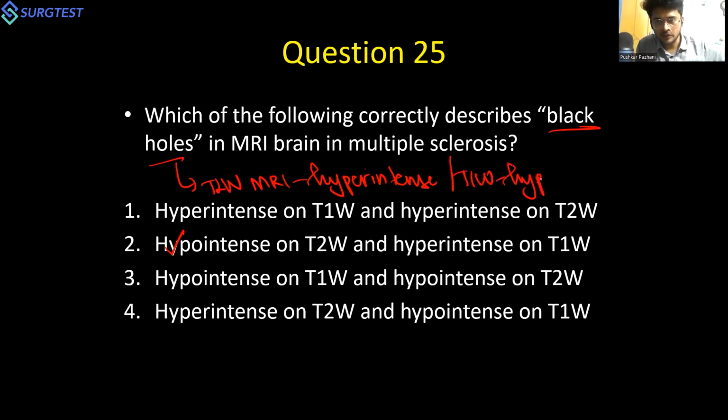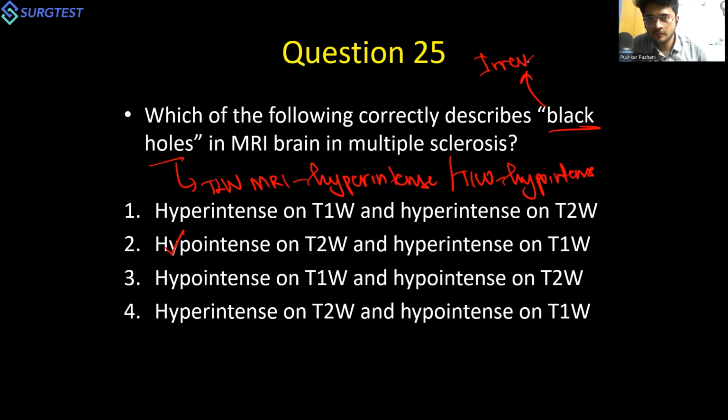But always remember, in an acute demyelination, all acute demyelinations will be T2 hyperintense and T1 hypointense. So black holes should be analyzed in a patient who is neurologically quiescent, not in an acute attack. In those patients, when you take an MRI, if there is T2 hyperintensity with a T1 hypointense lesion, that is what is known as a black hole.